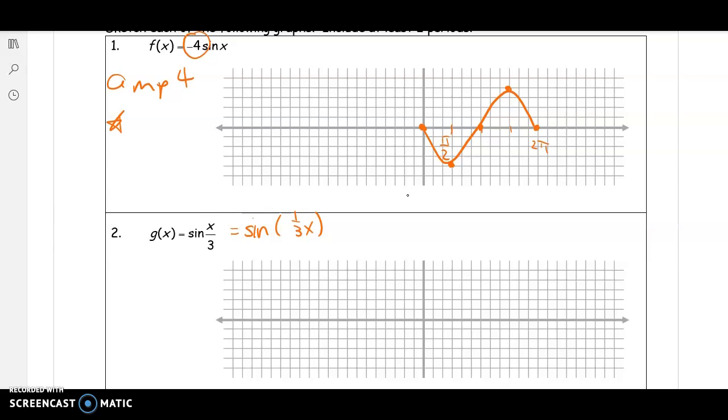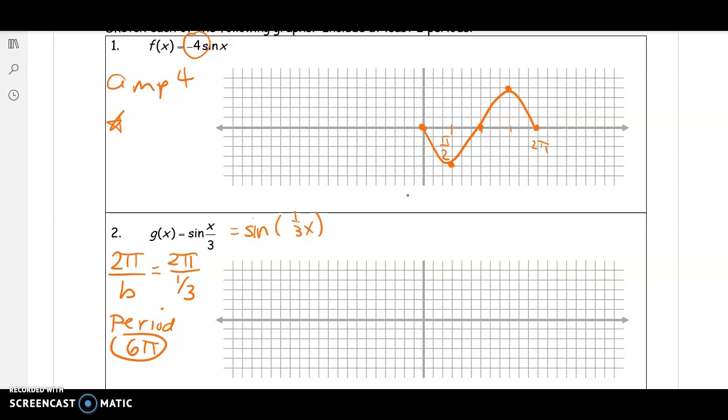If you're saying period change, you are correct. Normal period is 2 pi. To find the new period, it's 2 pi divided by b, in this case 2 pi divided by 1/3. That will be a period of 6 pi, so your graph is being stretched out horizontally.